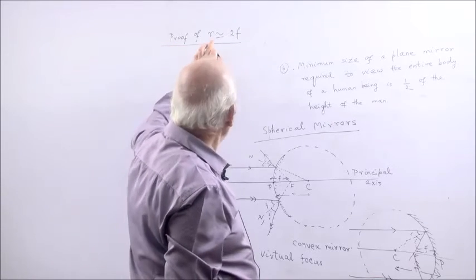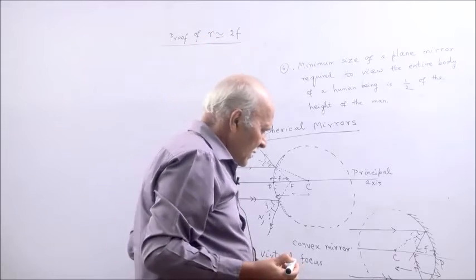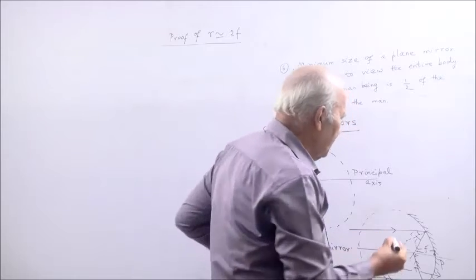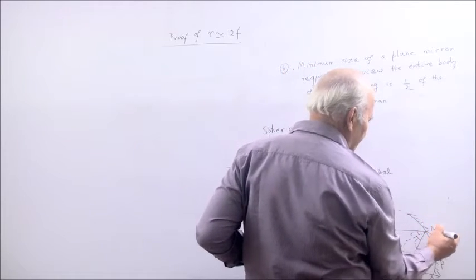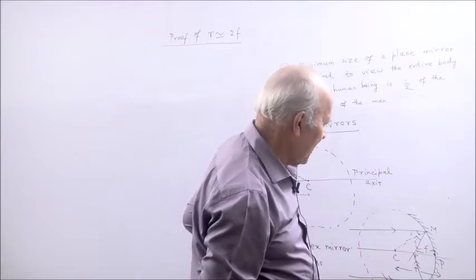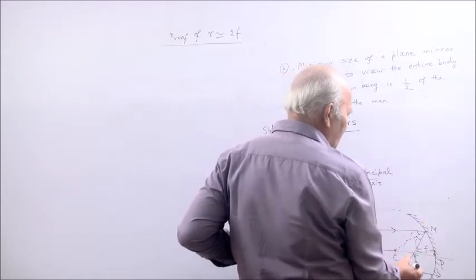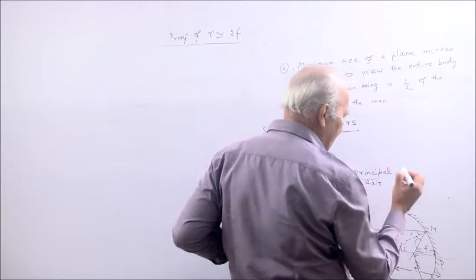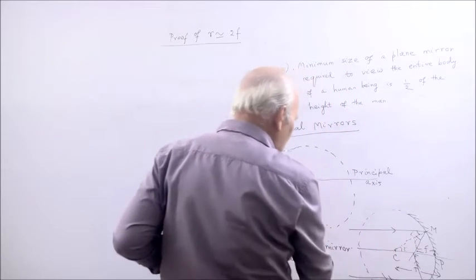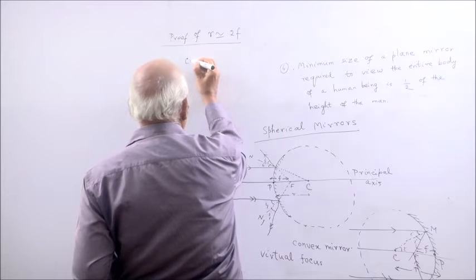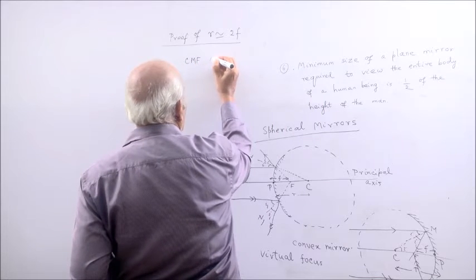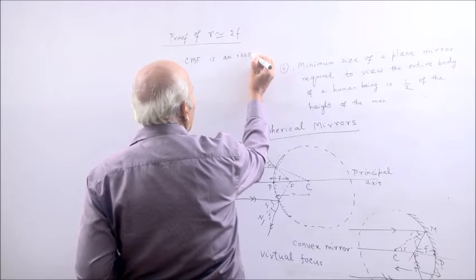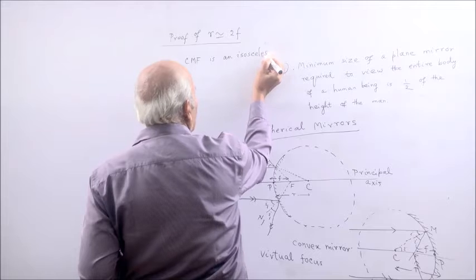In the NCERT book they have written R is equal to 2f, but that is not exactly correct, because as you see, suppose you give a name here M. So you see that this angle is also I. So therefore CMF is an isosceles triangle.